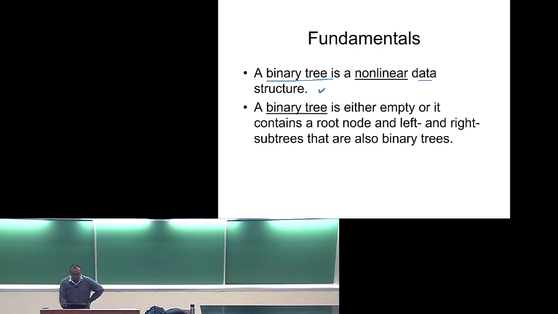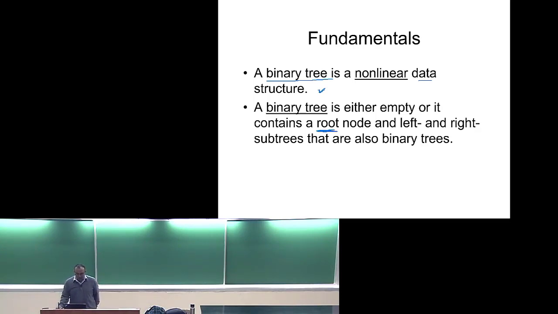Now the question arises, how do we define a binary tree, right? You will find a number of definitions, but I'll request you to stick with the definition that we have over here. We define a binary tree as either empty, or, if it is not empty, it must contain a root node.